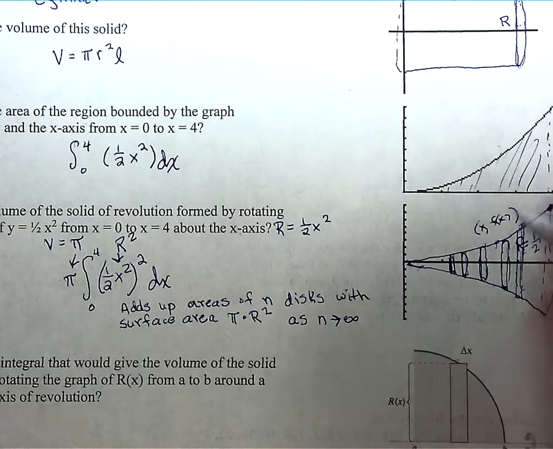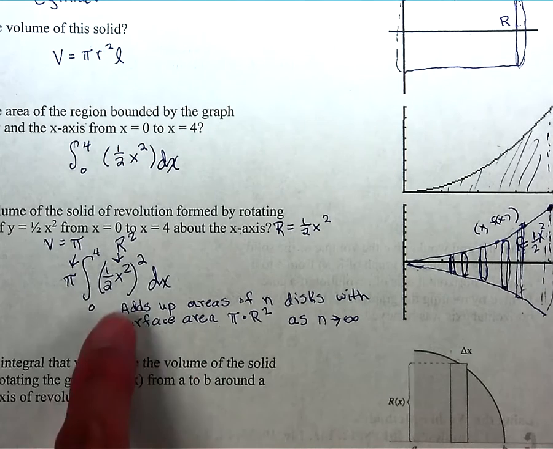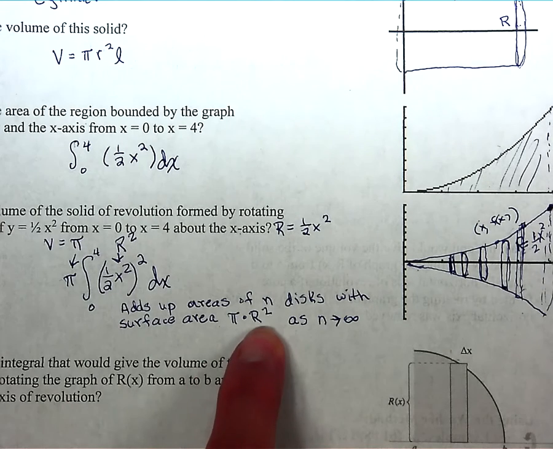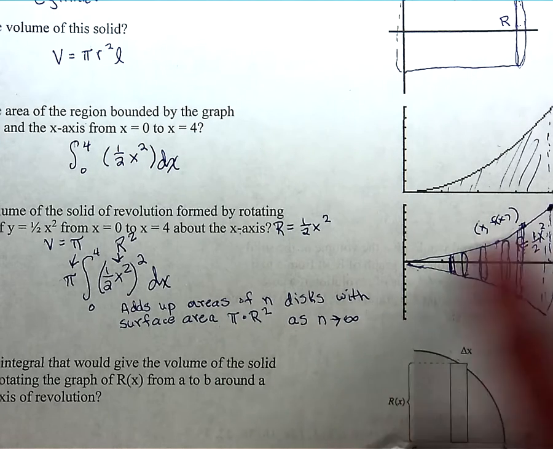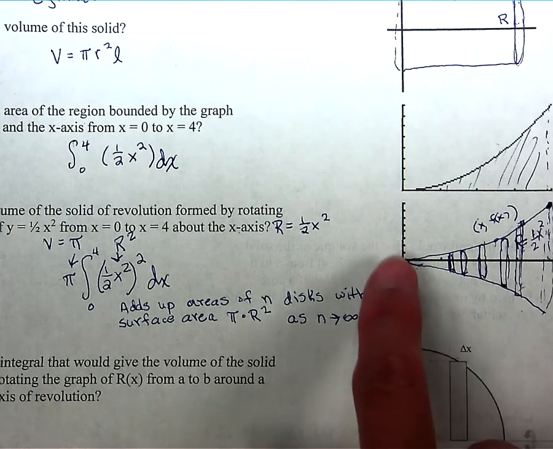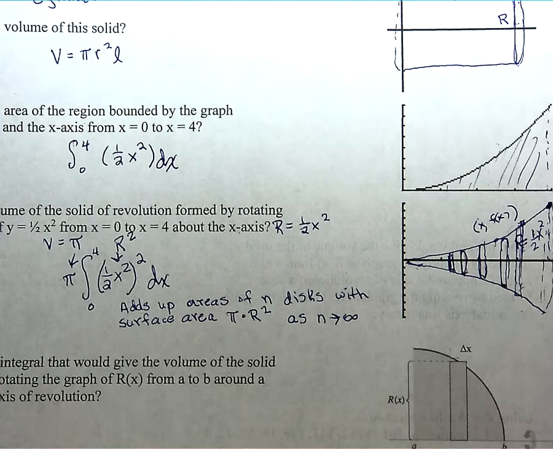Each disc has a surface area of pi times 1/2 x squared, and then you multiply that times the length of the interval, which is integrating from 0 to 4, and that gives you the volume of that solid.